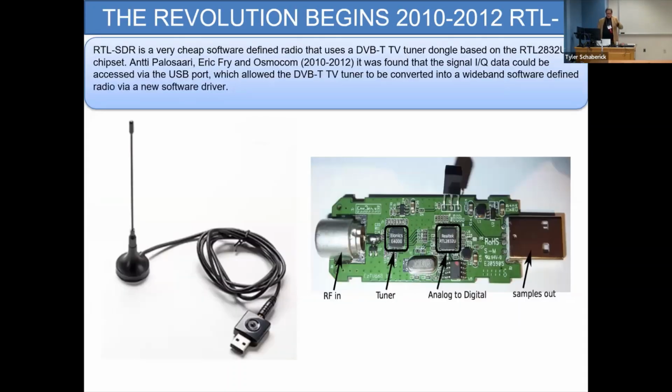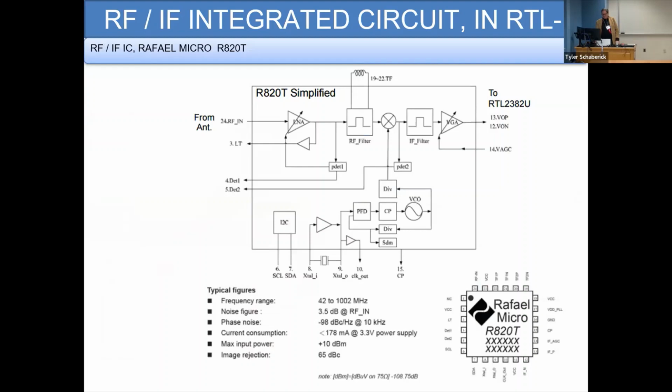Okay, so the revolution began in 2010 to 2012. This is where they found they could get by with a TV dongle and allow any hobbyist to look at the spectrum, as Rebecca knows. She uses it in the program. Yeah, that's the grant that I really received the funding to do.